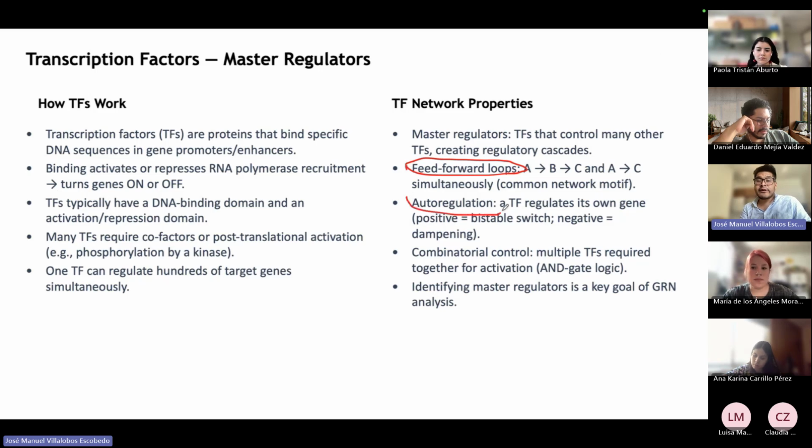They have autoregulation, and they have combinatorial control. So for this reason, when we are running analyses and preparing a network, we sometimes need to detect the transcription factors and say this node is super important because it's a transcription factor that can change the topology of the network.